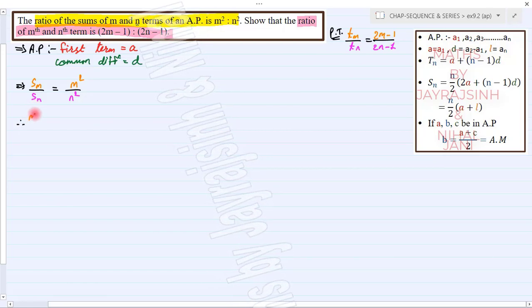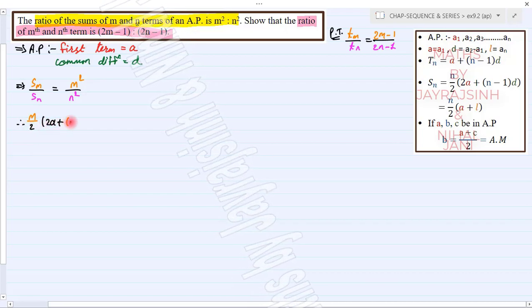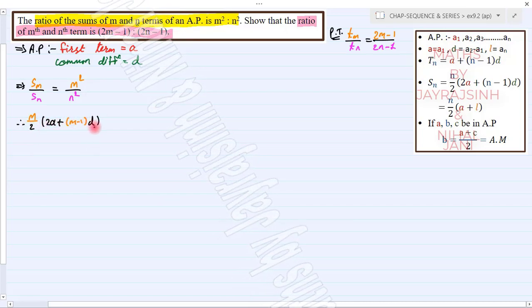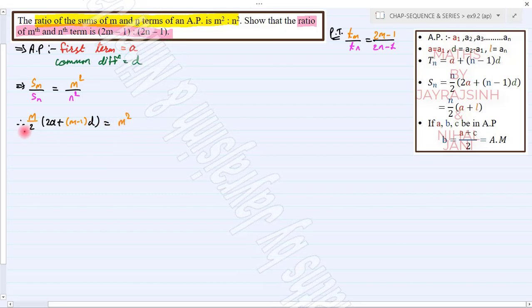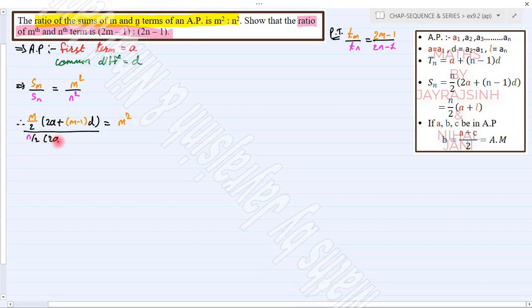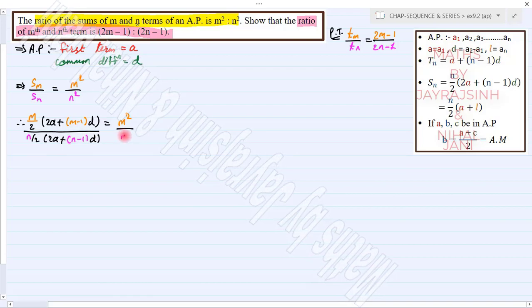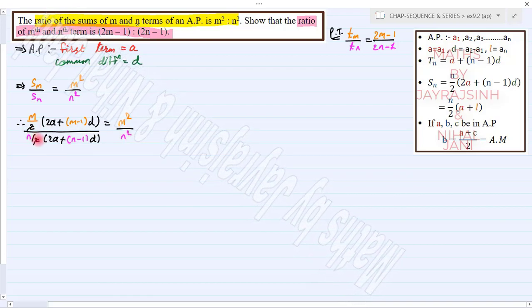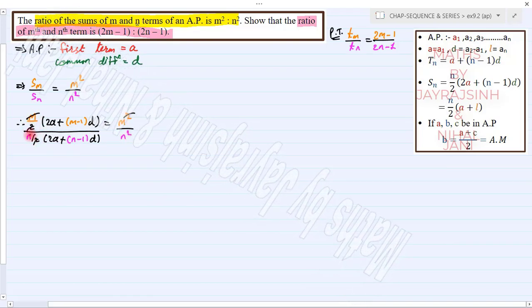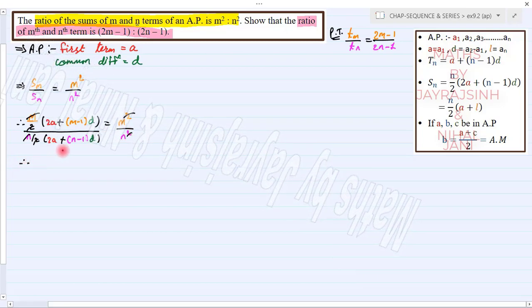So in the numerator we'll get m by 2 into (2 times a plus (m minus 1) into d) is equal to m square, and in the denominator we'll get n by 2 into (2 times a plus (n minus 1) into d) upon n square. So here 2 will cancel out, m will cancel out, and n will cancel out, and we will get a simplified form.